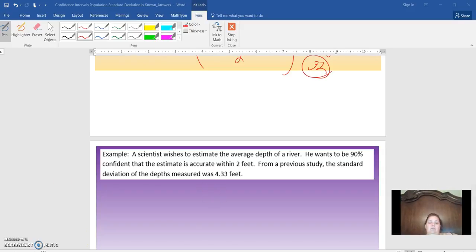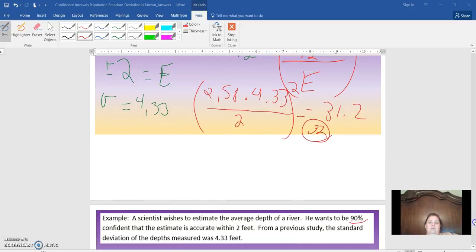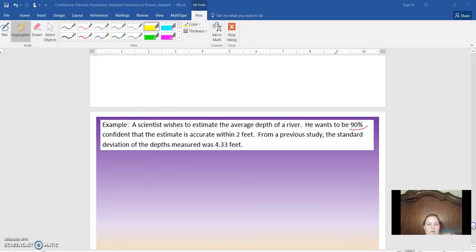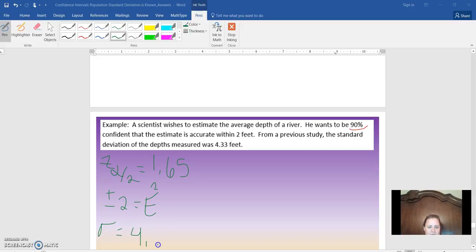All right, what if he wants to be 90% confident? The thing that will change is z alpha over 2. He's 90%, so it's going to be 1.65. Accurate within 2 feet, population standard deviation 4.33 feet.